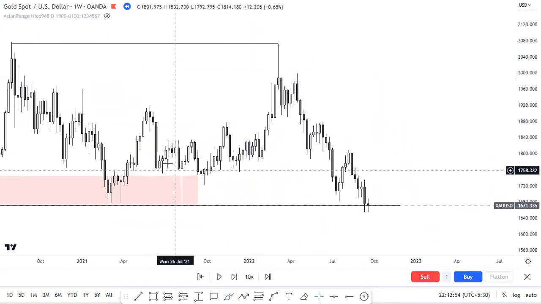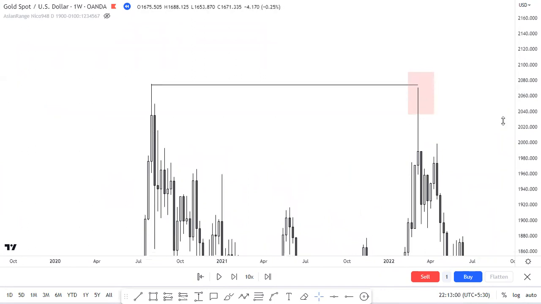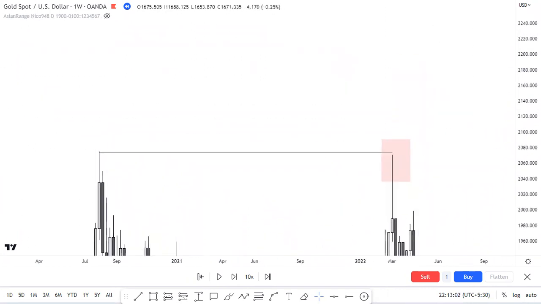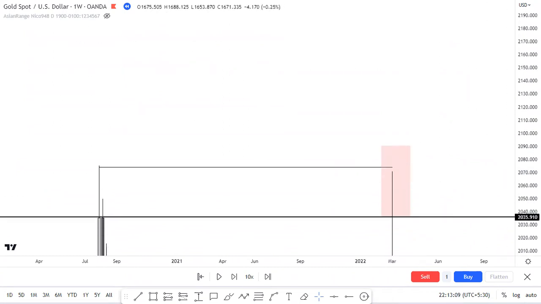Here in this case, everything was perfect except this targeted area. Everything was fine except this targeted area, just by like 70 to 73, 30 pips.